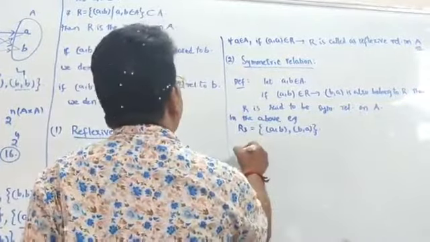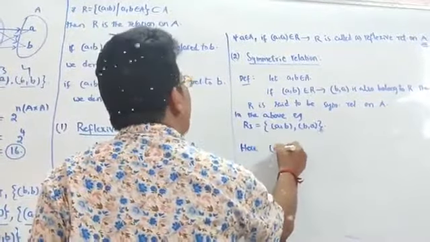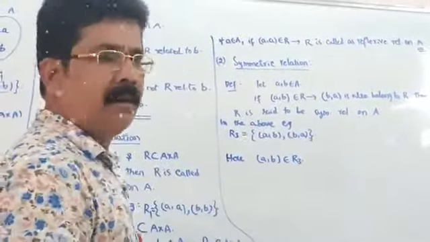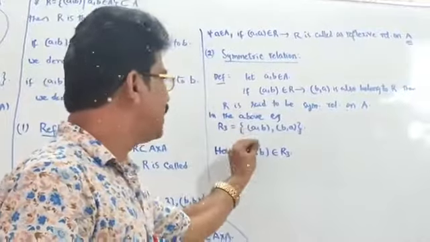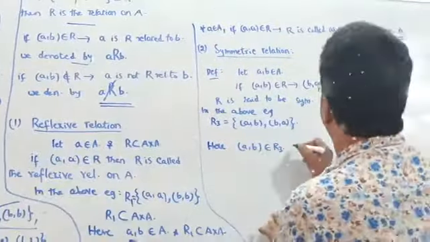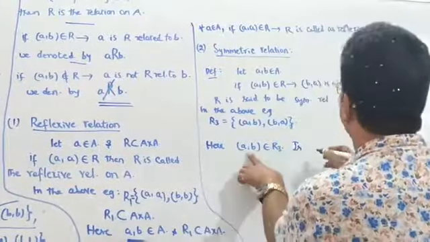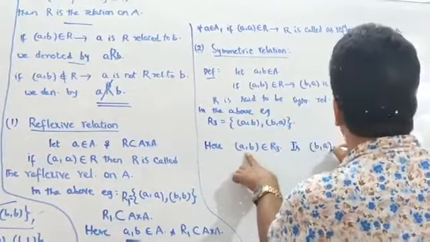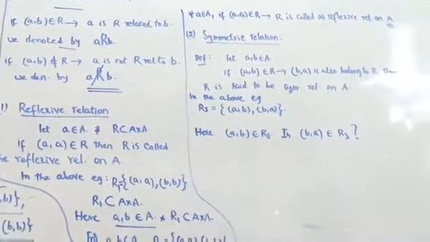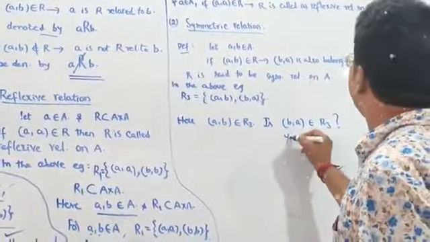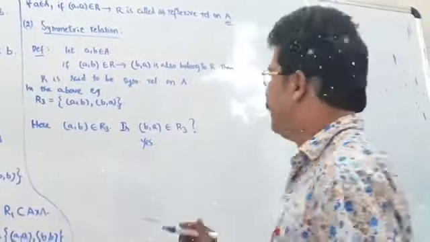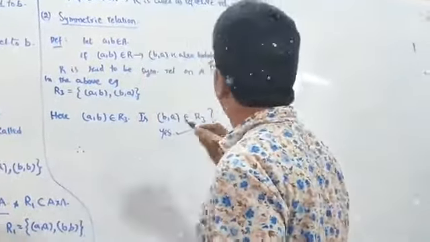Here (A, B) belongs to R3. This ordered pair, this element is in R3. Now take reverse order. Is (B, A) in R3? It is my question. Your answer is yes. Is it correct? Yes.